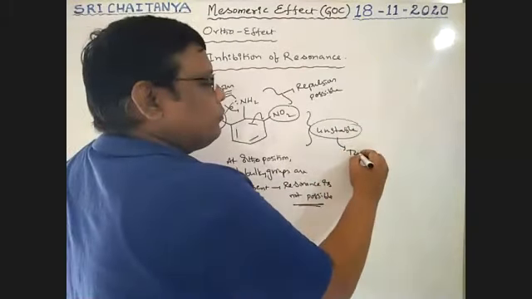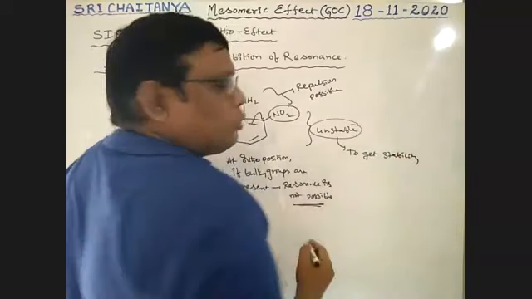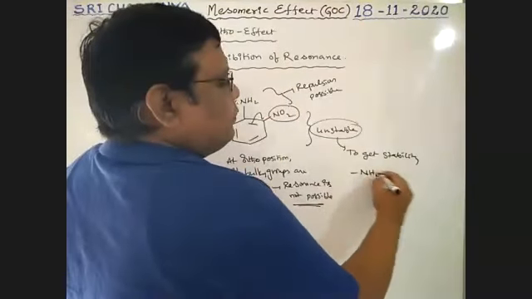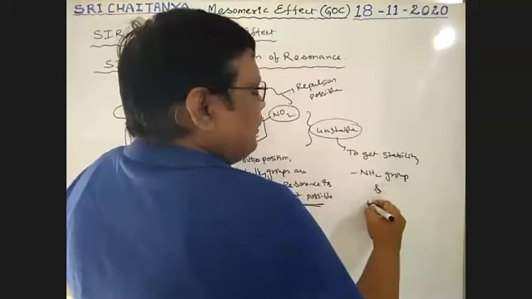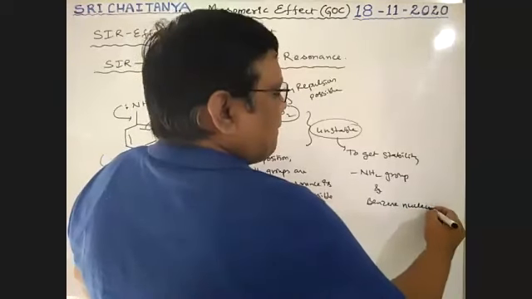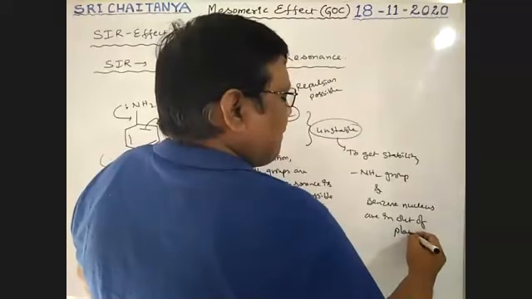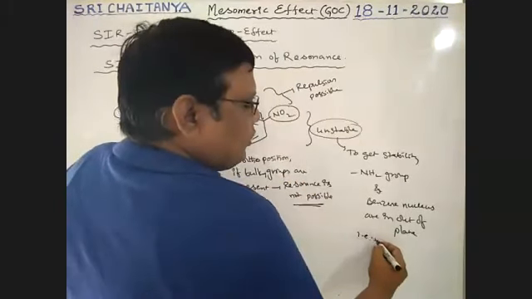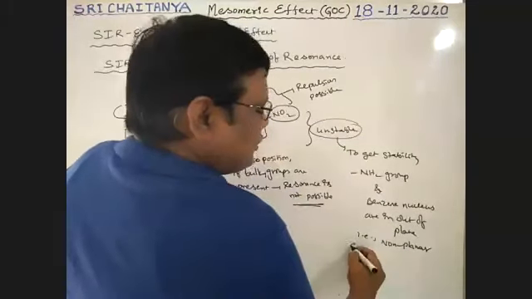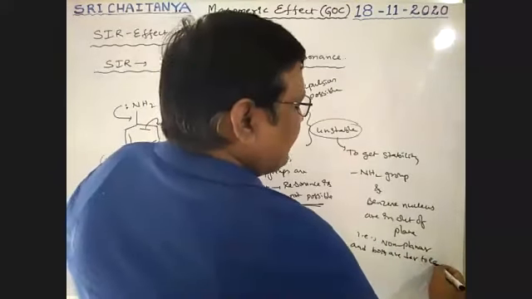To get stability, the NH2 group and the benzene nucleus are out of plane, that is, non-planar, and both are perpendicular to each other.